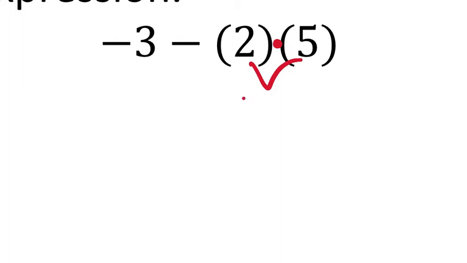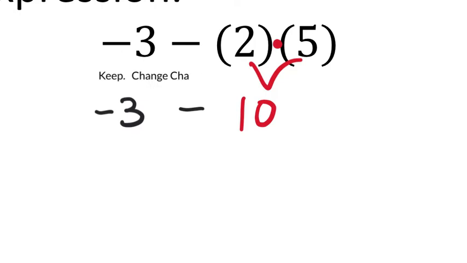2 times 5 is 10. So now I have -3 minus 10. I have a negative here, and I don't mind the negative. It's the minus that's going to throw me off. What I want to do is change that into an addition sign. So once again, I'm going to perform keep, change, and this is only regarding the signs.